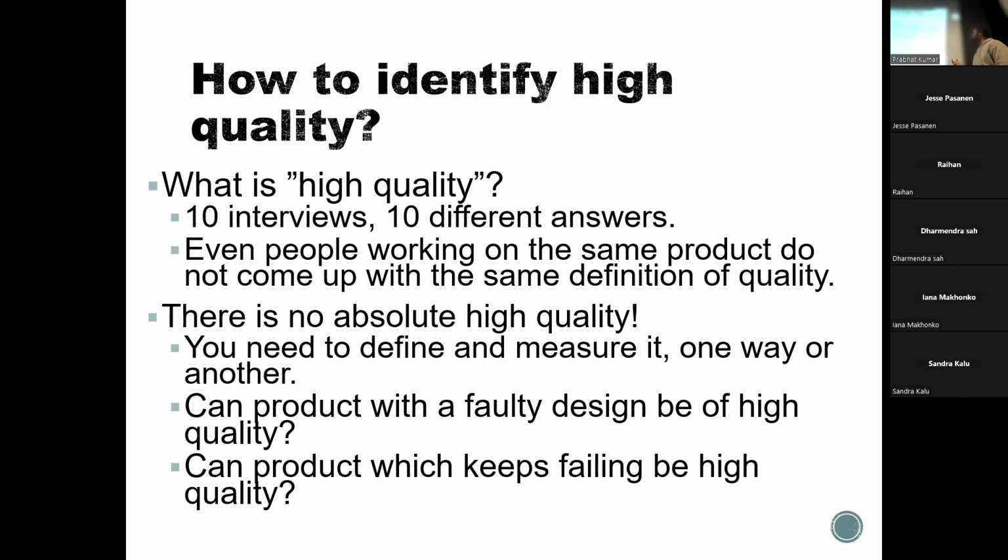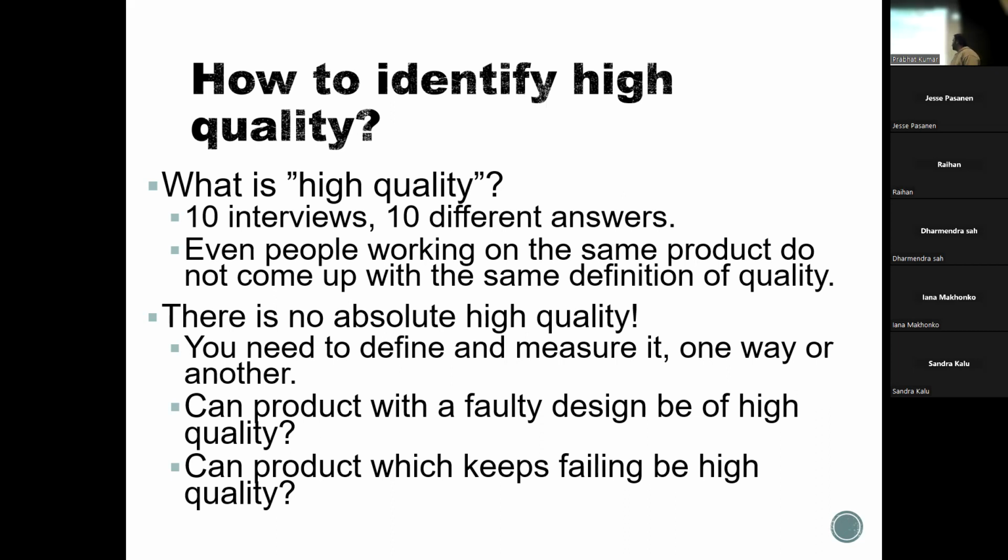So maybe this example didn't fit properly here, but the whole point was: if you develop a particular software that has certain failing features which don't impact the overall user usability, right? Those failures are so marginal that they are not impacting the overall usability, then we can say the software or product has high quality.